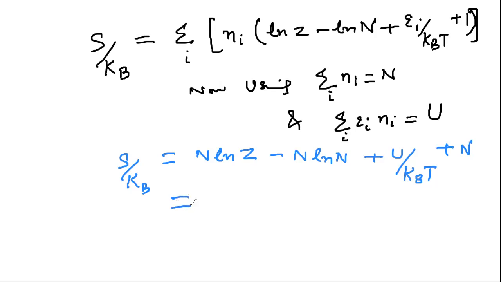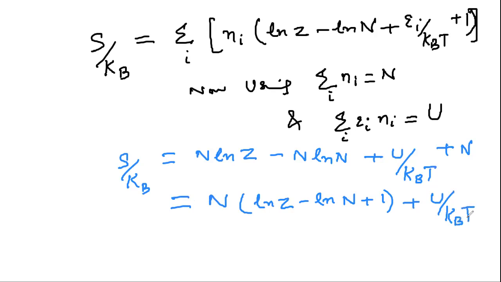N times ln Z minus ln N plus 1 plus U by KBT.